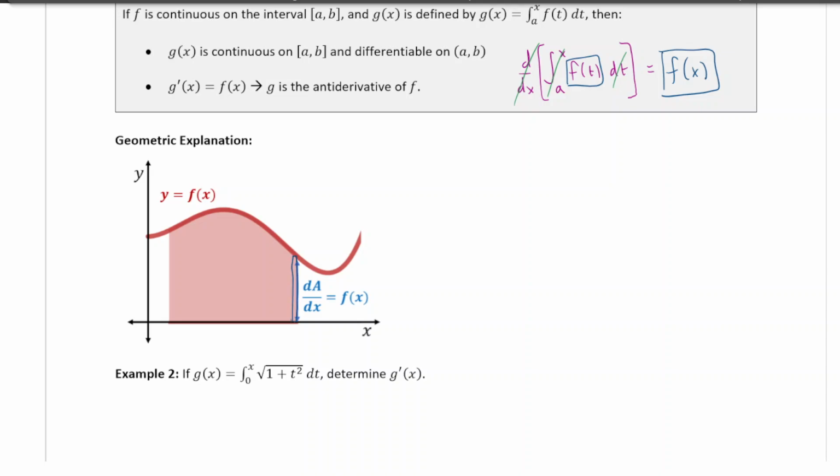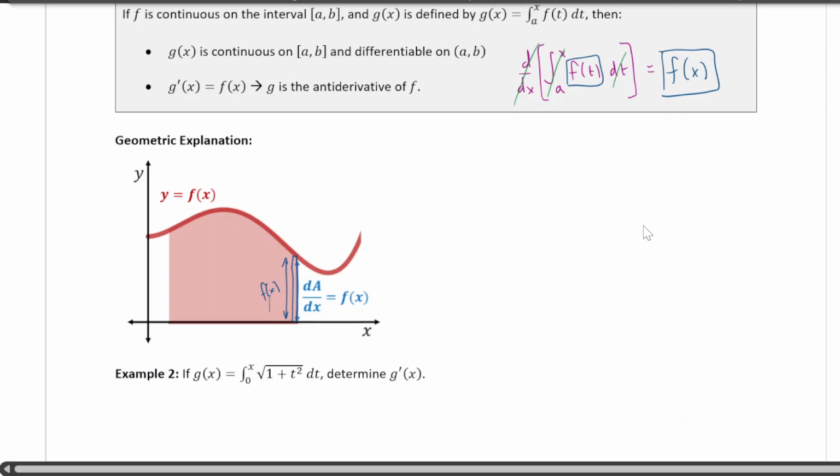Well, the area would be changing at a rate equivalent to whatever the height of one of those rectangles is. And what is the height of any rectangle? It's simply f of x. So the derivative of the area is the function value. So that's your geometric explanation of why that is true.